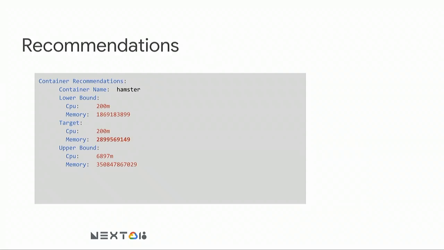And this recommendation is in the middle. It says target, and it says, well, CPU, 2 cores, memory, a certain amount, right? And then it's also providing a range, and the range is for the updater to either take action or not take action. If you're not outside of the range, there is probably no reason for you to update, even if the target is somewhere in between. So that's how it works, right?